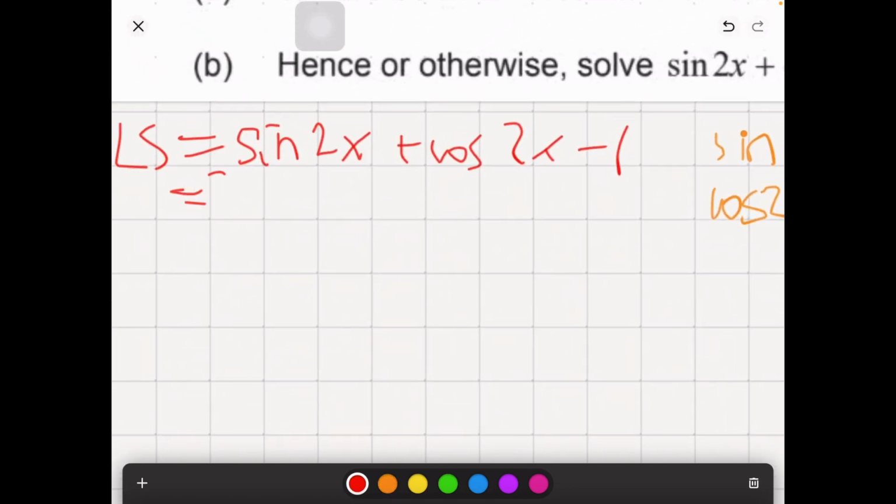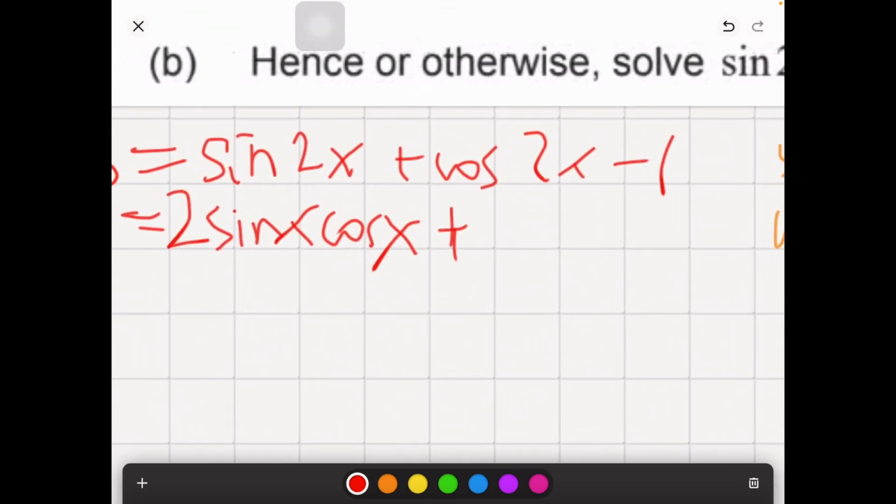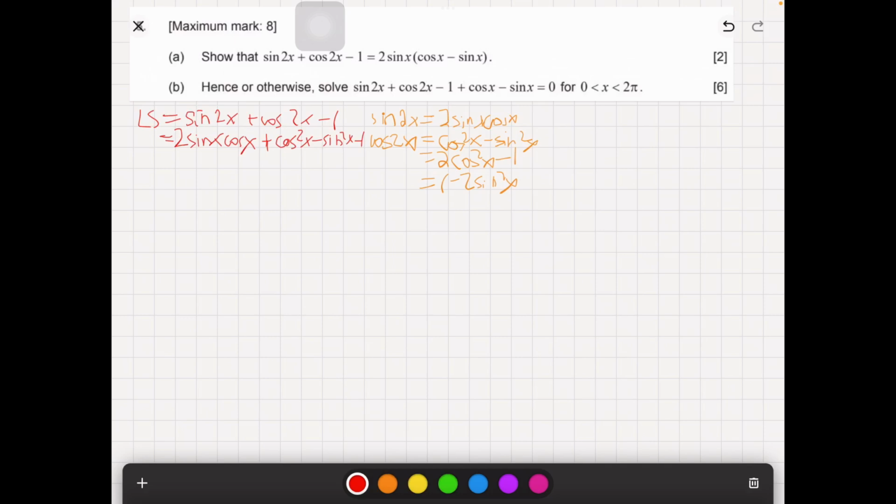So here we have 2 sine x cos x plus cos squared of x minus sine squared of x, and then minus 1.